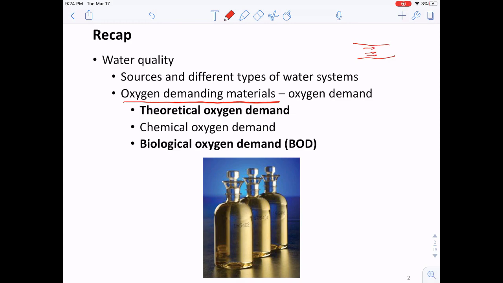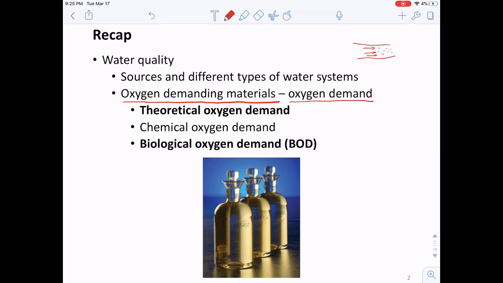If we have a river and organics or pollutants are dumped in it, they will need oxygen or some bacteria to get these organic species fully oxidized, and then we can purify the water. This involves the definition of oxygen demand: the amount of oxygen required to fully oxidize these chemicals.